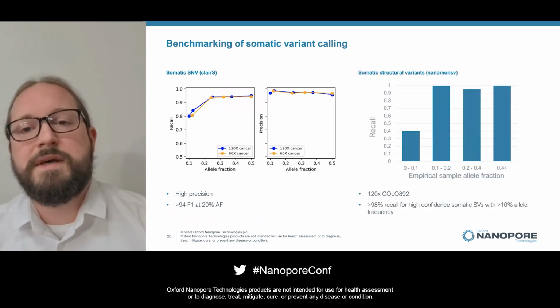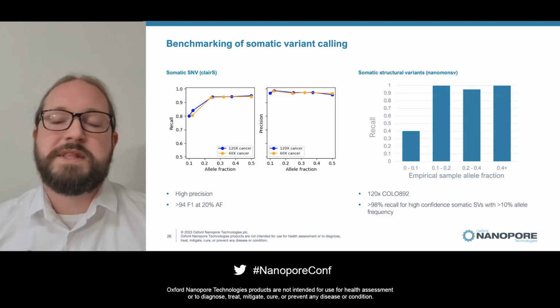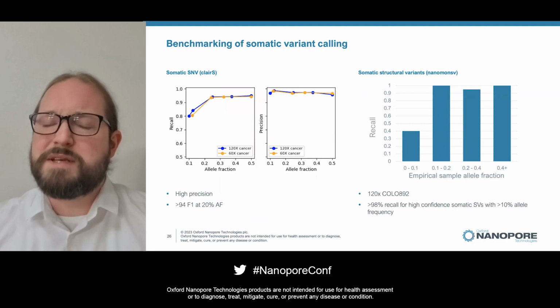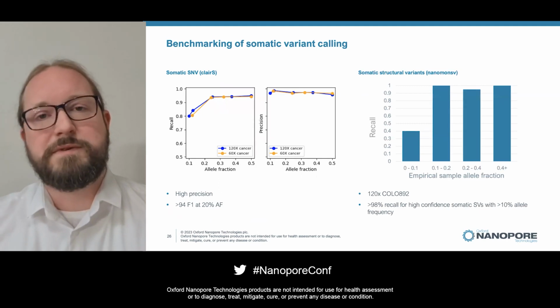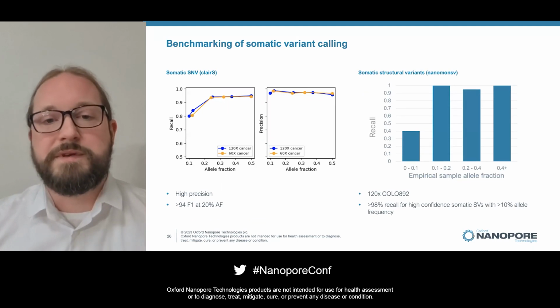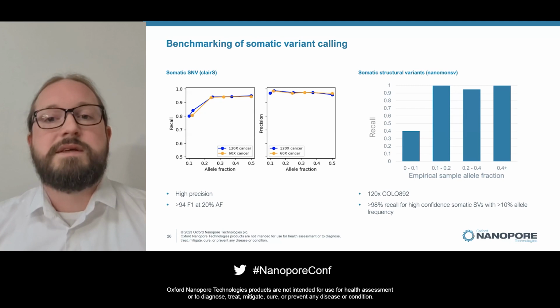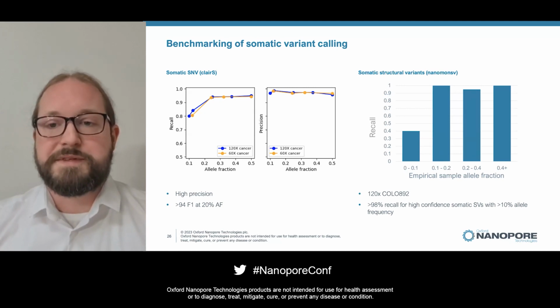On the other side, we've also started benchmarking somatic SV calling. Benchmarking somatic SV calling is a bit more difficult than SNVs, because we can't really do the mixing of healthy cell lines, as tumor cell lines have so many more structural variants that you wouldn't see in a healthy sample.